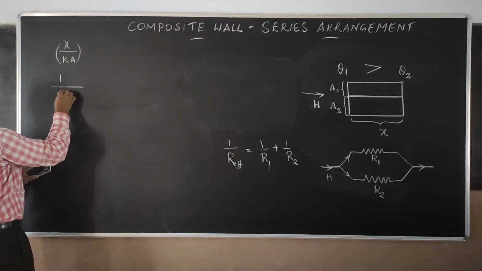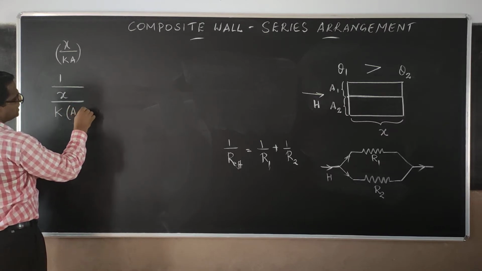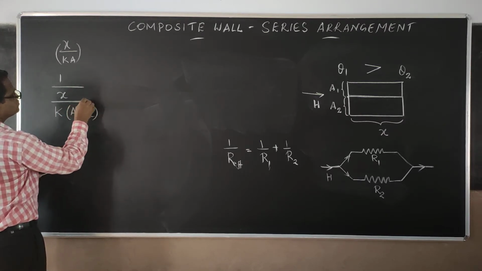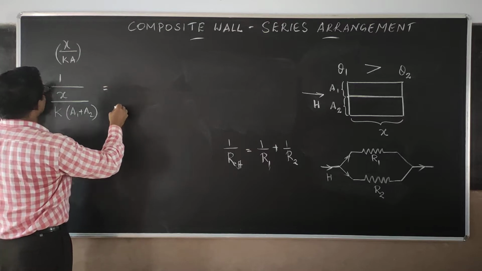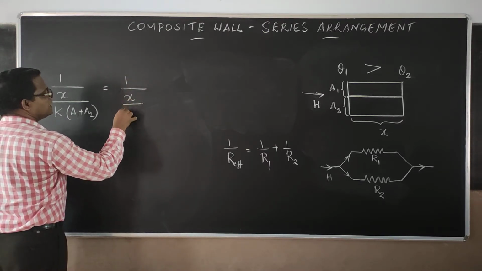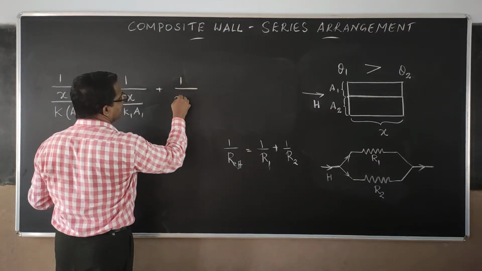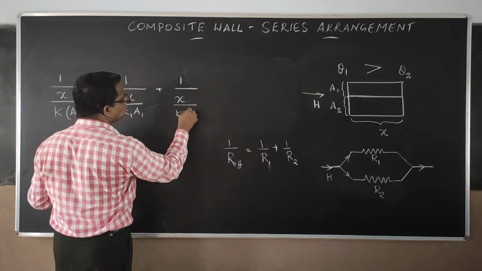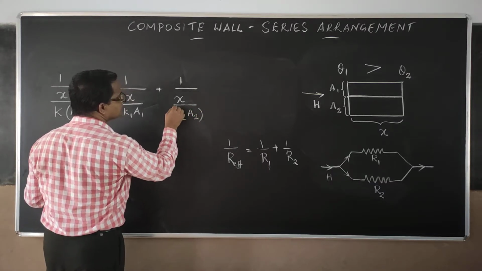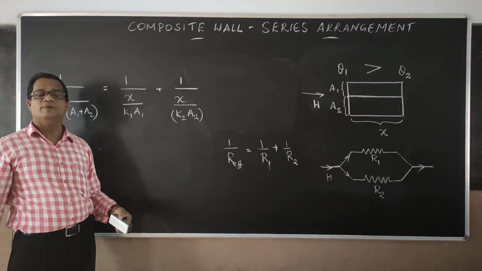So 1 by X divided by K into A1 plus A2 will be equal to 1 by X by K1 A1 plus 1 by X by K2 A2. This is the format we get for the effective resistance of a parallel combination.